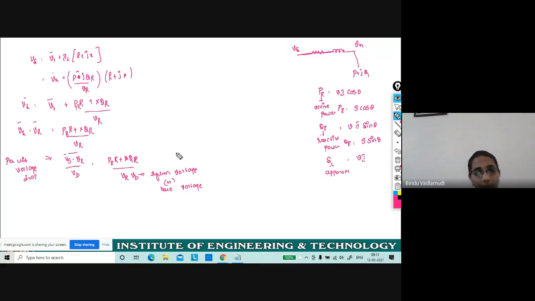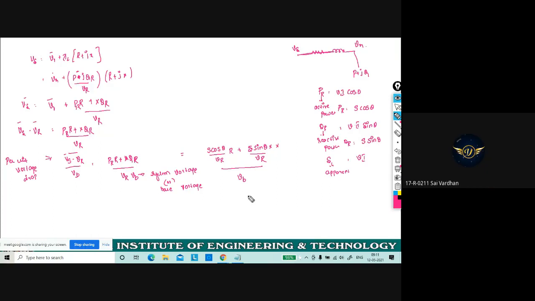On substituting these values of PR and QR, what will be the expression? It is (S cos theta by VR into R plus S sin theta into X by VR) by VB. Is there anything wrong?